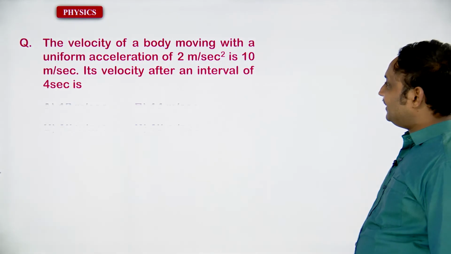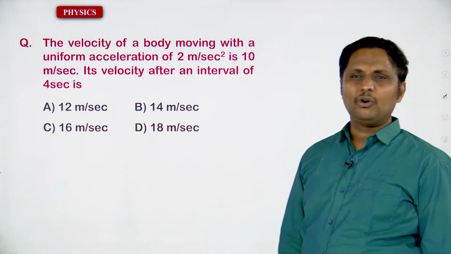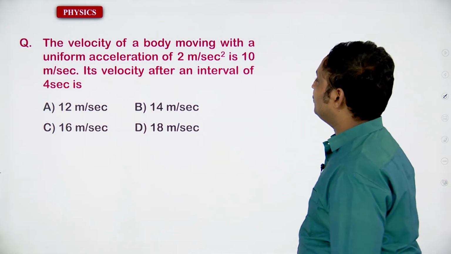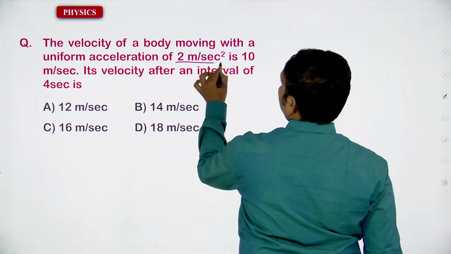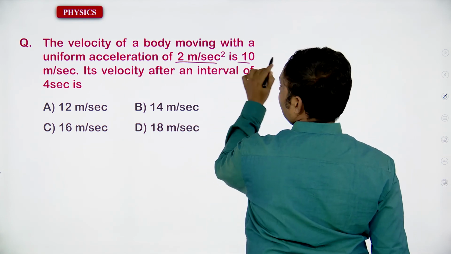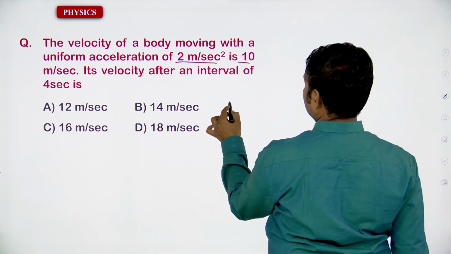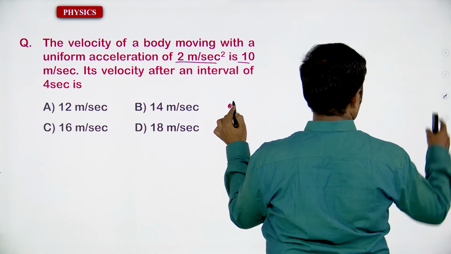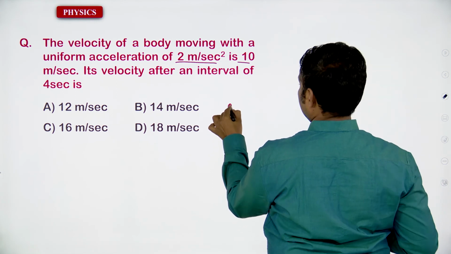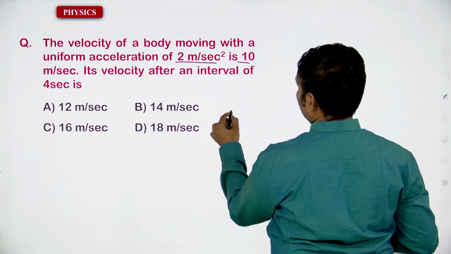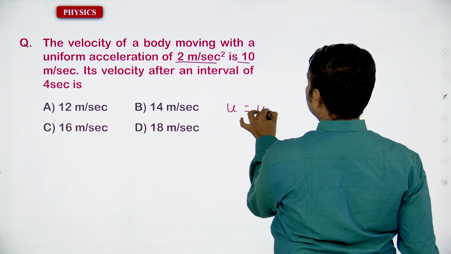Let's go for another one. Easily you will solve the problem: velocity of a body moving with uniform acceleration 2 meter per second square, initial velocity 10 meter per second. Its velocity after time interval, what have they given? So, u is equal to 10 meter per second.